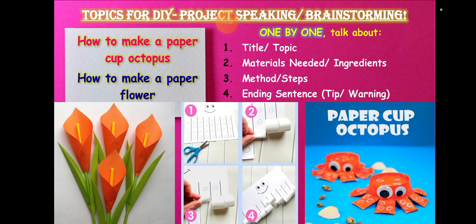Like, you're not giving an exam, you're basically telling. And then if you want to end, we'll say finally, my beautiful paper flower is made. And then a tip or warning: it will look better to use a yellow A4 size sheet or any sheet.